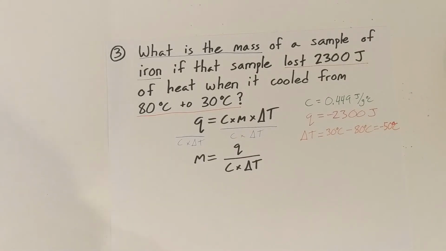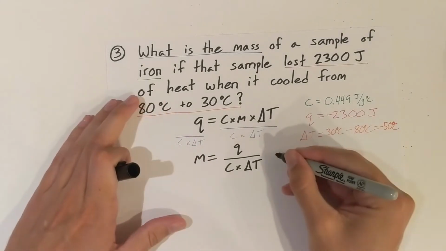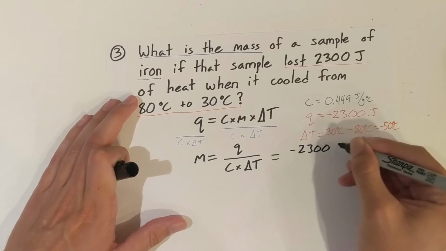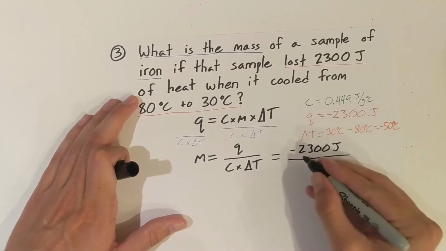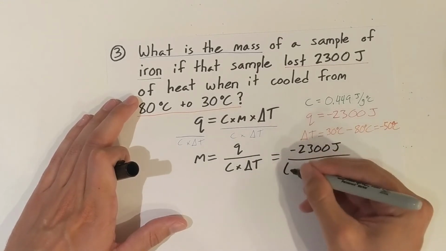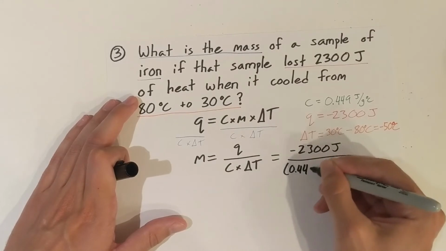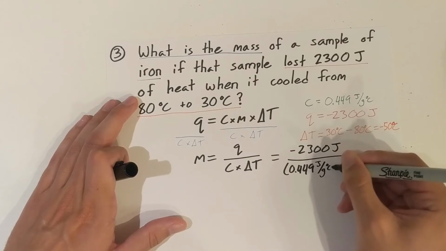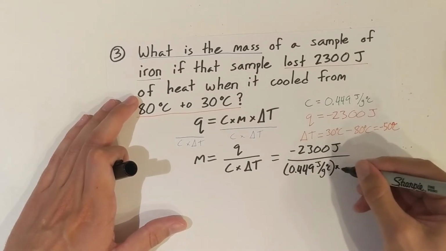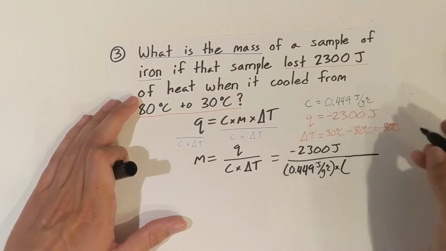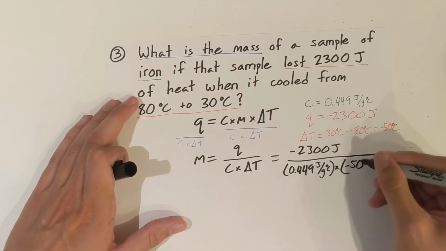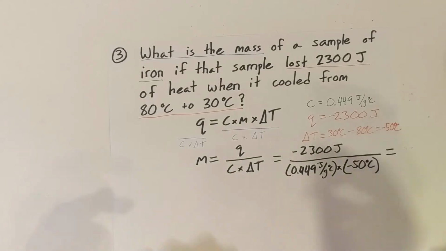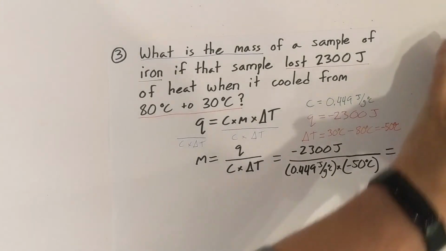Again, just plug them all in. Our mass is equal to Q, so negative 2,300 joules divided by 0.449 joules per gram Celsius divided by negative 50 degrees Celsius. And just throw that all in the calculator, see what we get.